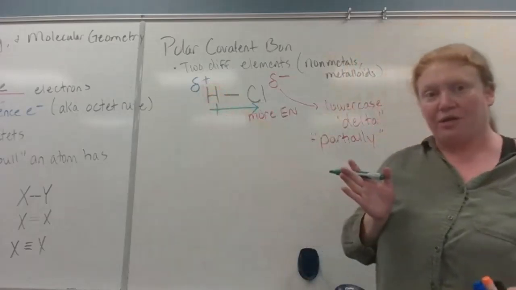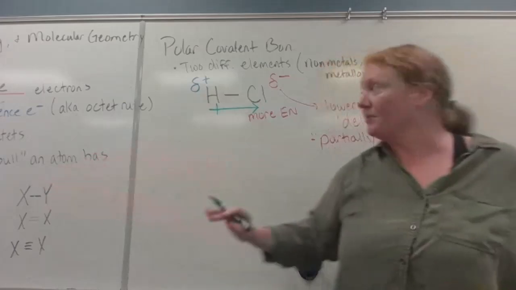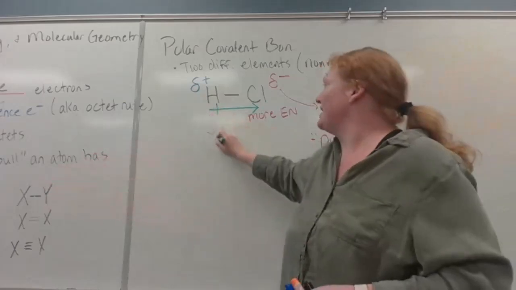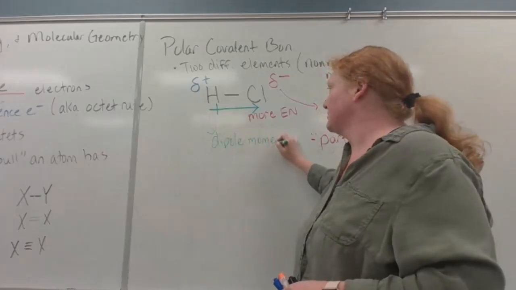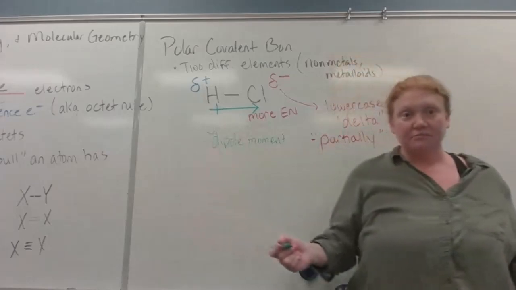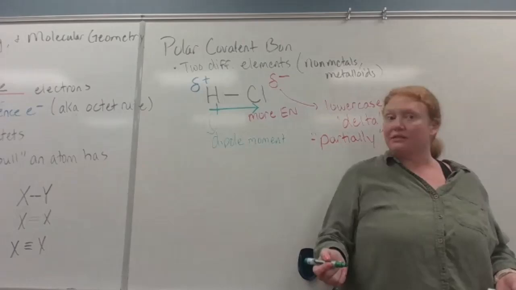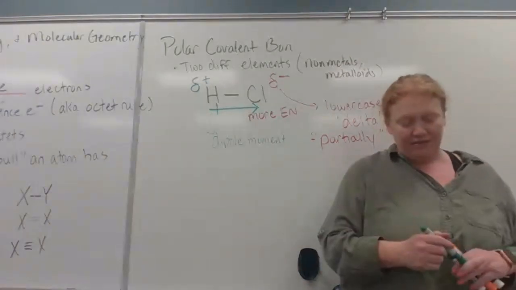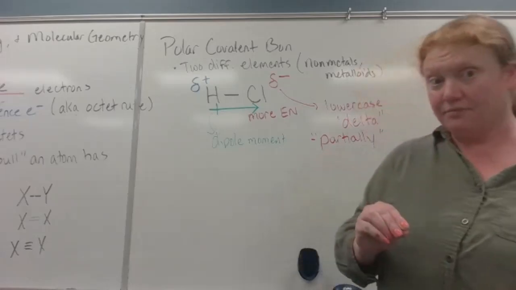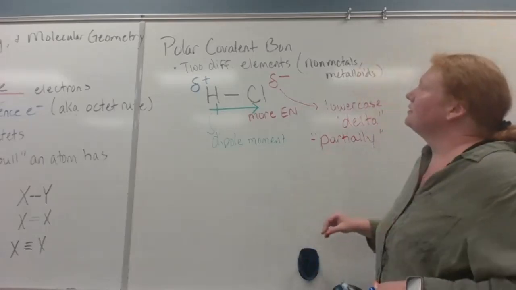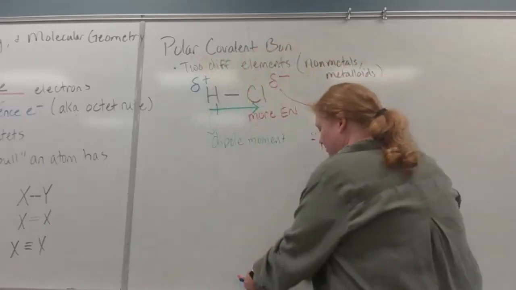What does that mean? That arrow is showing the pull, the direction of the pull, okay? That is what the arrow means. This is, again, known as a dipole moment. This is a force. It's something that can be calculated. You can calculate the dipole moment. We're not going to do that in this class, but it is an actual physical value. Okay. All right. That's polar covalent bonds.